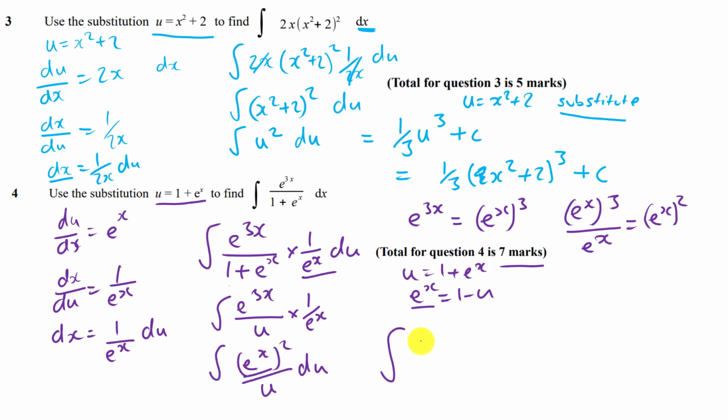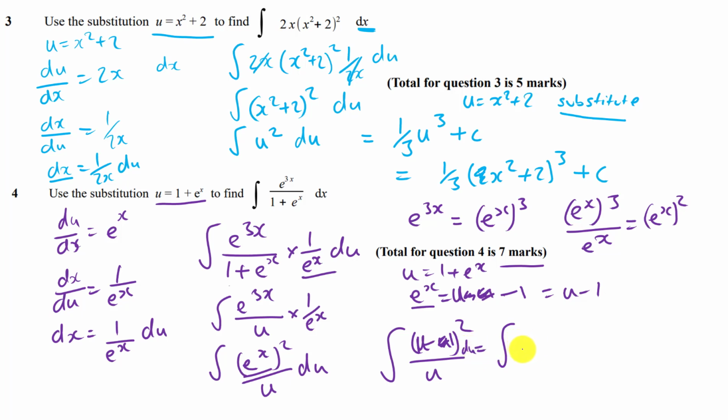So it becomes the integral of u minus 1 squared over u. Would it be u minus 1? Wait, yeah, it'll be u minus 1. I'm being silly. Yeah, well done. So let's change that to u minus 1, and that's du.